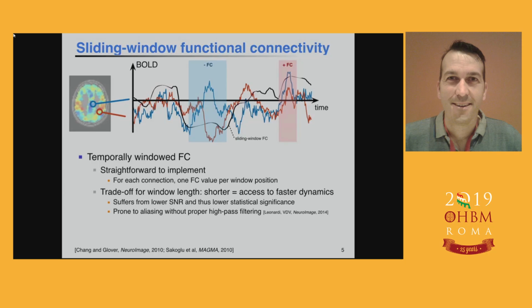And actually, there's another more fundamental problem from signal processing, which is that you might be prone to aliasing if you choose your window length too short. So you actually need to get rid of low frequencies, which means you actually also might remove useful signal to start with. And as a side effect, this will largely increase the number of extracted values, of course.